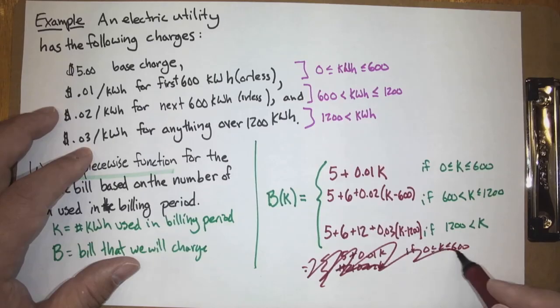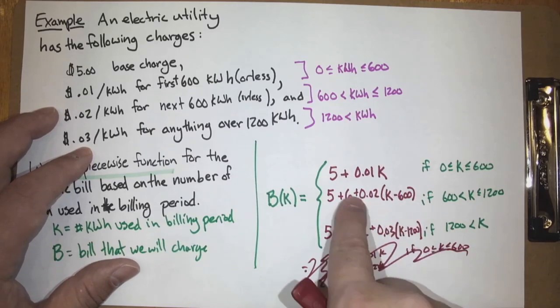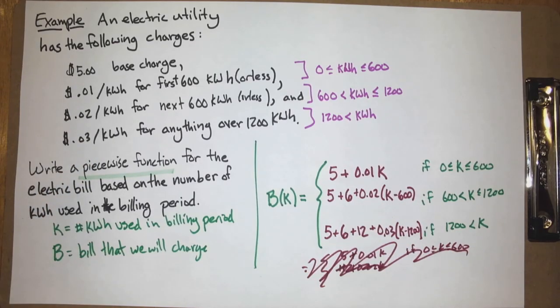Never mind, I won't go this way. You could have multiplied this out and rearranged things. But okay. All right, any questions? Okay. All right, so that's an example of piecewise. And the idea of piecewise is different things happen over different intervals. So it's not an unusual thing to see.